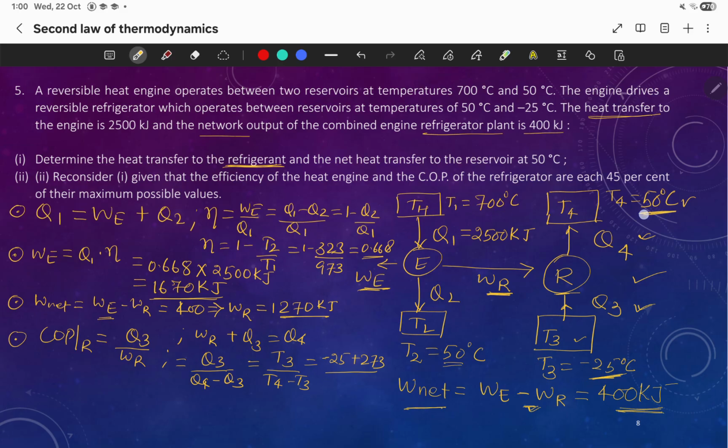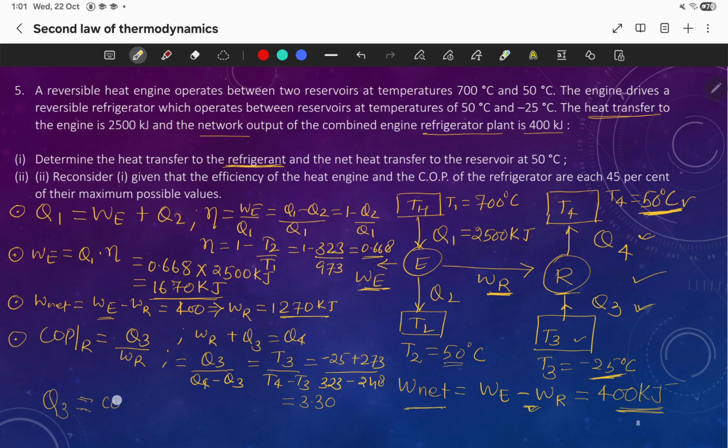Add 50 plus 273 and just subtract this value. We will get 323 minus 248. So we will get COP of refrigerator as 3.30.